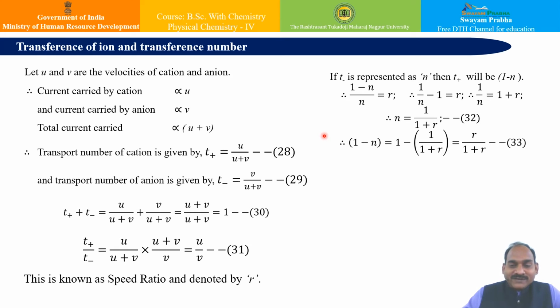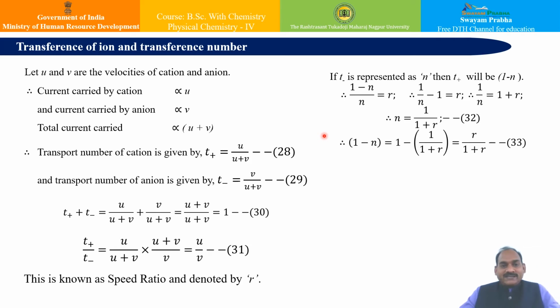It is a very specific, significant and interesting phenomenon, because whatever fraction is carried by that particular ion, cation or anion, is called its transport number or transference number. And it becomes very interesting to know what fraction it carries, and experimentally it is a little easier, or viable in the laboratory, to find out what fraction of current the particular ion, cation or anion, is carrying.